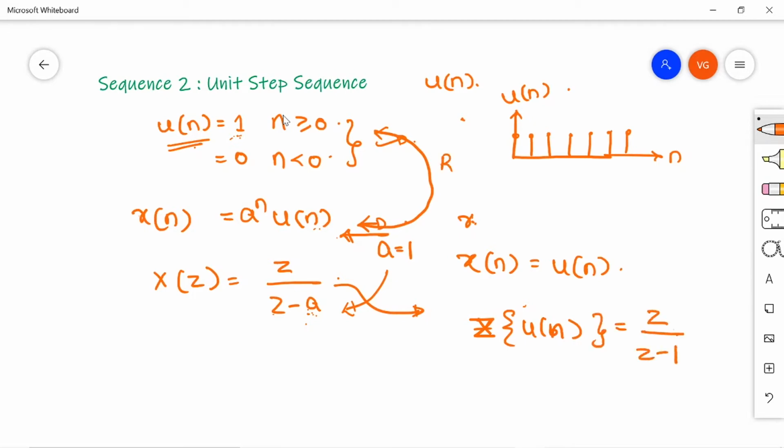For this, as it is a positive side sequence, your ROC is mod z greater than mod a, and in place of a you have 1, so your ROC is mod z greater than 1. This is how you can remember the unit step sequence Z transform.